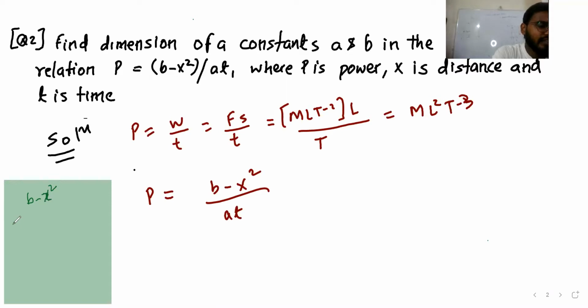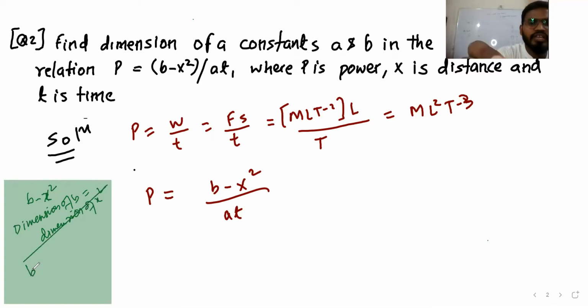So the dimension of B is equal to the dimension of x square.